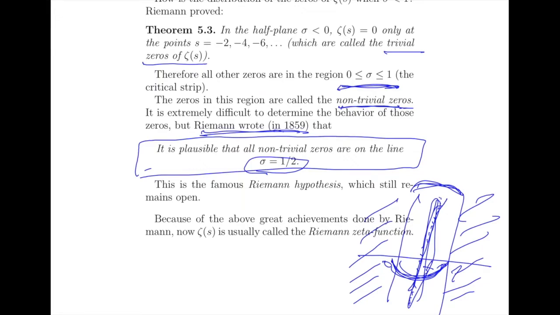This is the very famous Riemann hypothesis, which is still an unproved open problem in number theory. Many people believe that it is the most important unsolved problem in the whole of mathematics. Because of this great achievement, the zeta function is now usually called the Riemann zeta function.